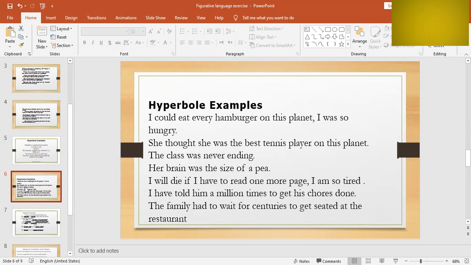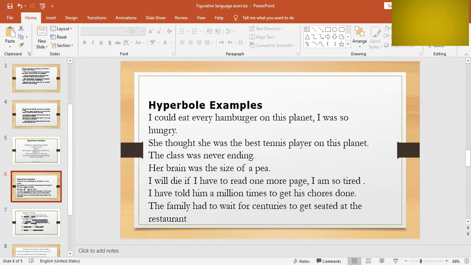Okay, it means that she's stupid, and she does not think well, and she does not understand, you see? Nobody has a brain the size of a pea, which is smaller than your nail. So it's a matter of exaggeration too. I will die if I have to read one more page.